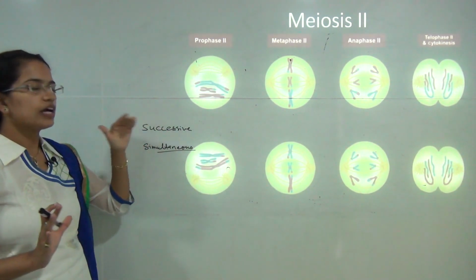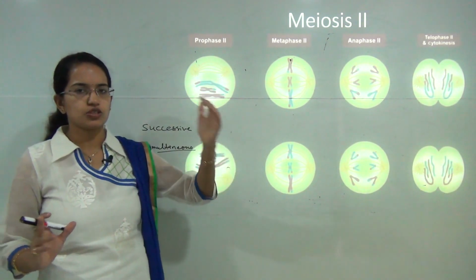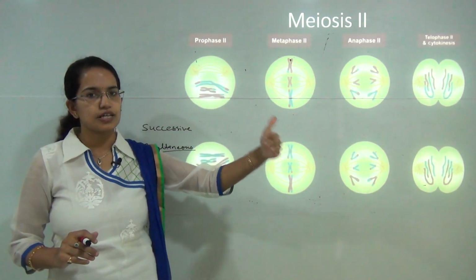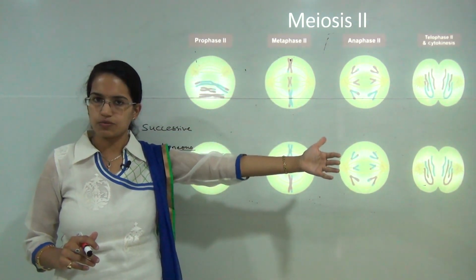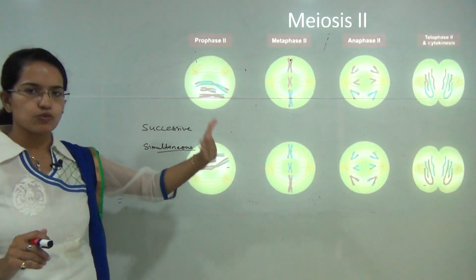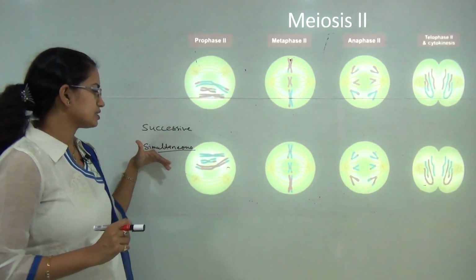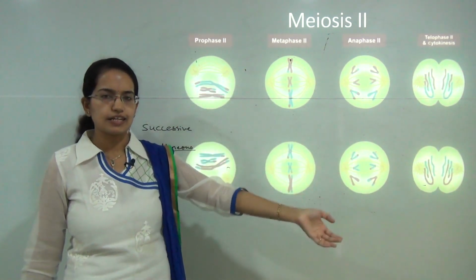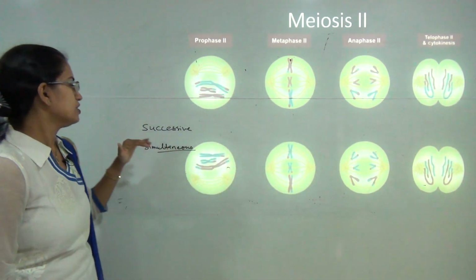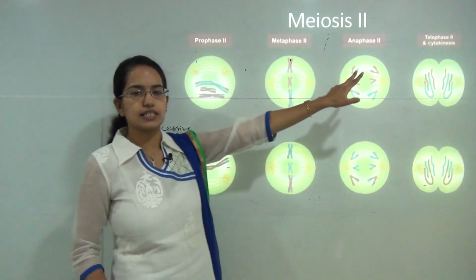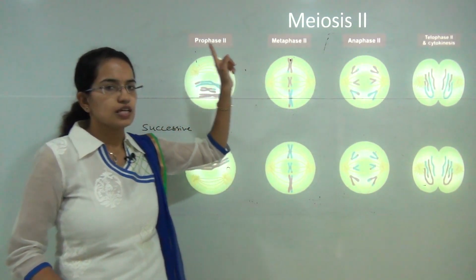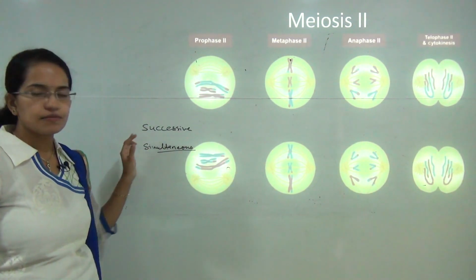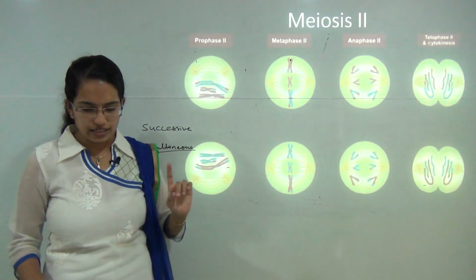Under successive, it takes place one after the other. So you have completion of one stage, cytoplasm formation, completion of the other stage, cytoplasm formation. So that's successive, one after the other. However, under simultaneous, it would be all at once. All the processes are done, and finally you have the cytoplasm formation. So these are the 2 types of cytokinesis that could occur only under meiosis. This cannot happen under mitosis. So that's again important to note.